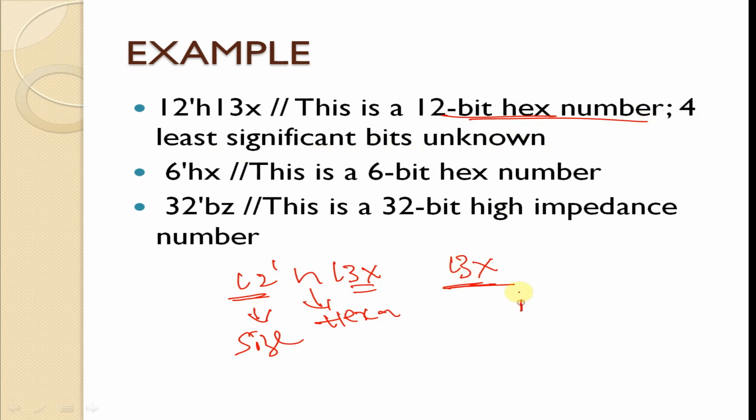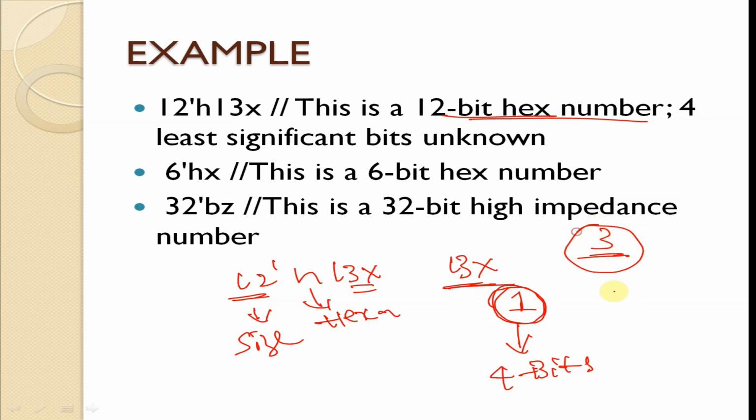We already know that in hexadecimal one digit represents 4 bits. For example, the binary equivalent of hexadecimal number 3 is 0011. So for one digit, wait a minute.